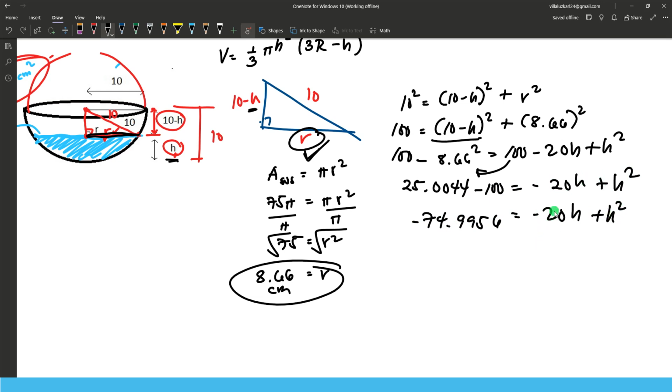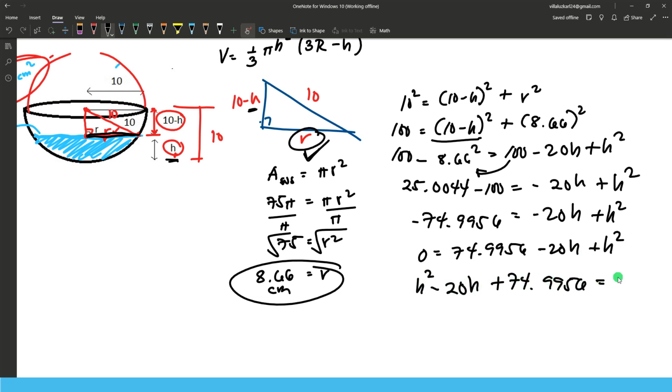Okay, so transpose again. Rearranging that equation, we have h squared minus 20h plus 74.9956 equals 0.